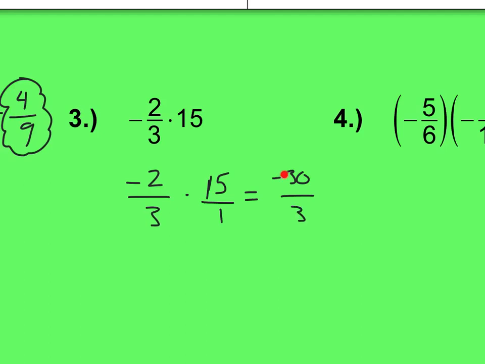And so this becomes -30 over 3. However, that can be simplified to -10 over 1, which is also just -10. And it's negative because we have a positive times a negative. The signs are different, leaving the answer negative.